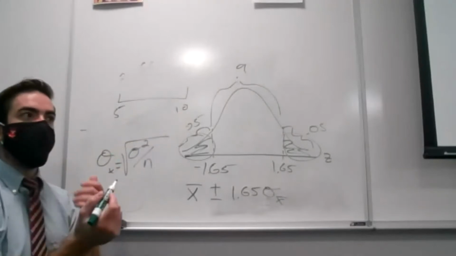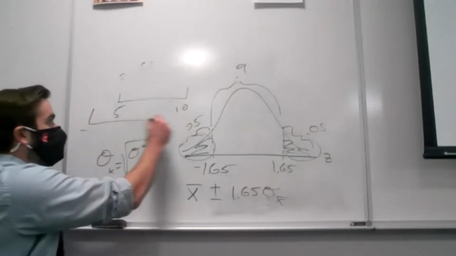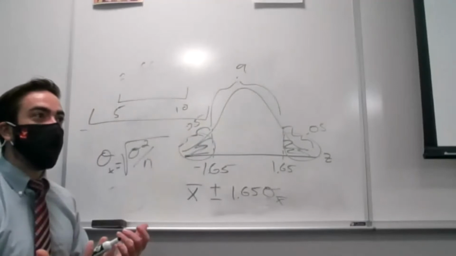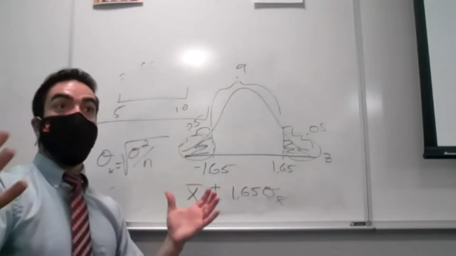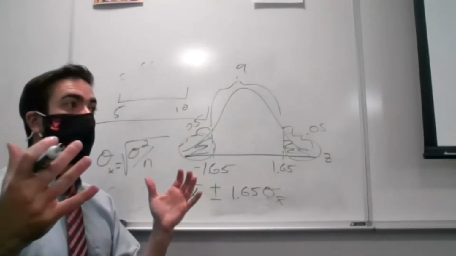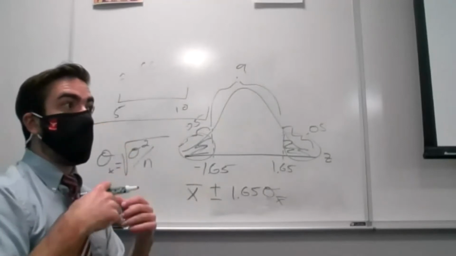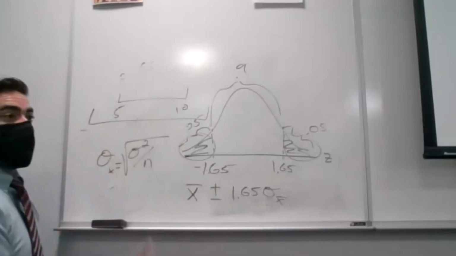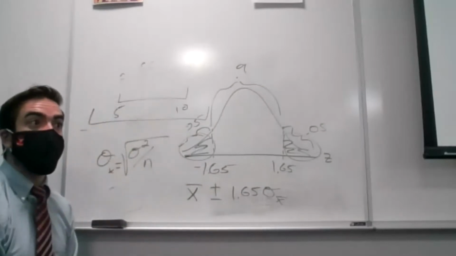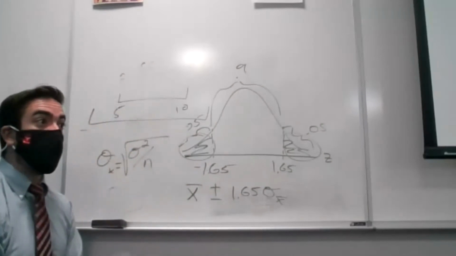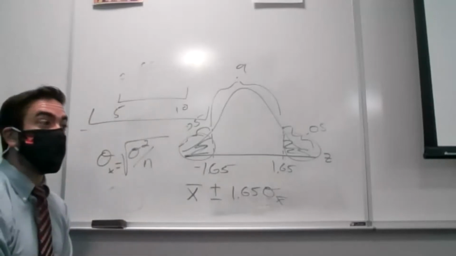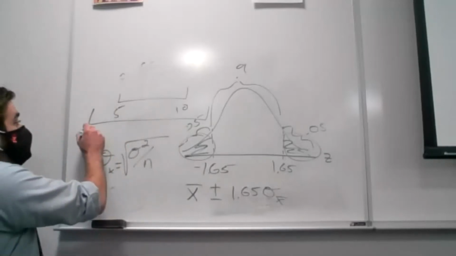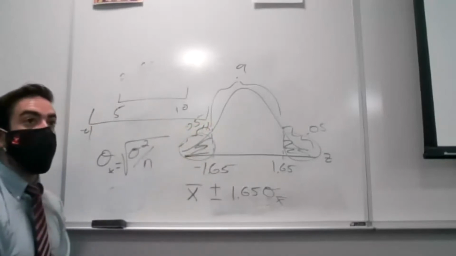Well, what do I have to do? I have to include more values, right? If I can make my confidence interval wider, then I can say things with a higher level of confidence. Because if at 90% confidence I can tell you it's between 5 and 10, to tell you with 99% confidence I would have to widen that range.